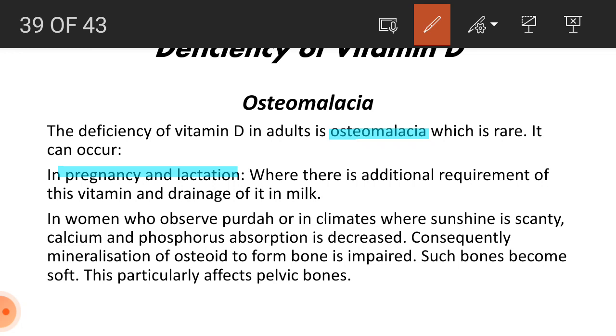In women who observe purdah and or in climates where sunshine is scanty, calcium and phosphorus absorption is decreased. Consequently, mineralization of osteoid to form bone is impaired. Such bones become soft. This particularly affects the pelvic bones.